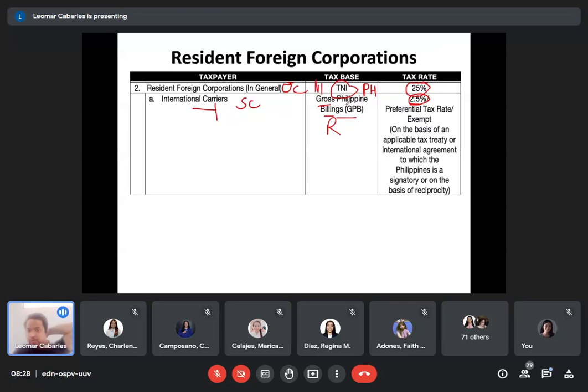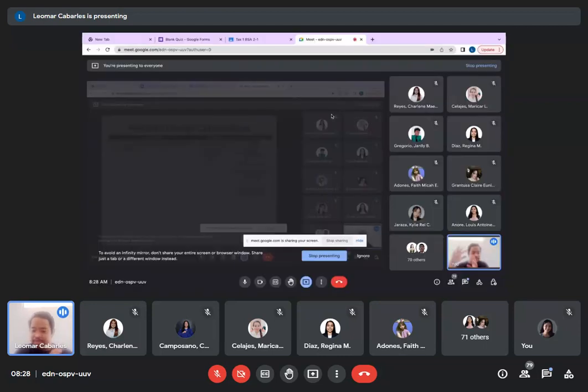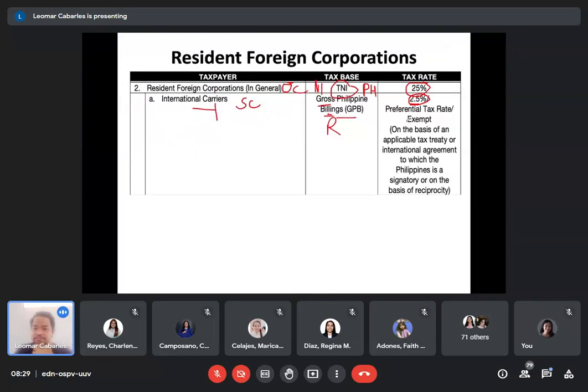Okay? So medyo lugi pa nga itong naka 2.5% kasi regardless kung net income siya or net loss, may tax pa rin siya na gross Philippine billings. Kasi the basis is the billings or revenue. So take note of the basis. Pwedeng ibang rate yan, pwedeng hindi siya 2.5 if preferential tax rate applies, or it is exempt, so magiging 0.